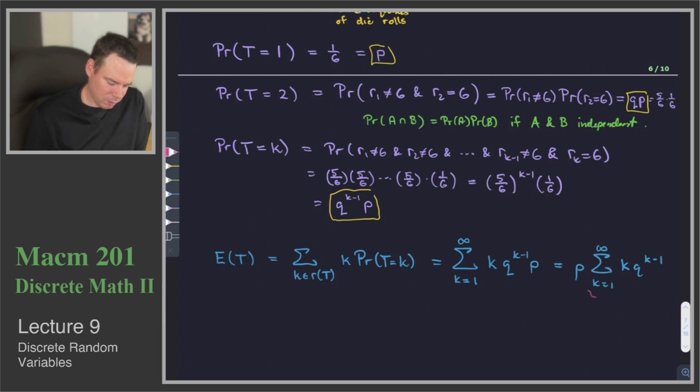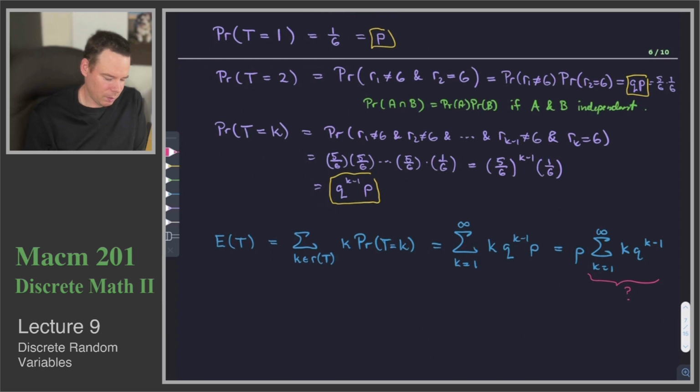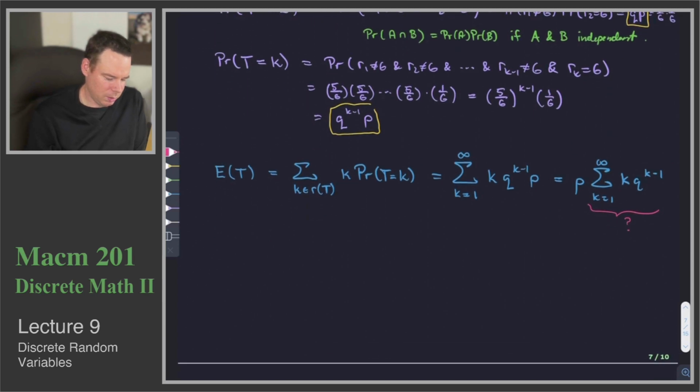And now our question is, what is that? Can I find a simplified version of what that sum actually is? And the answer is yes. We can work out the value of this sum. So we'll write it out.